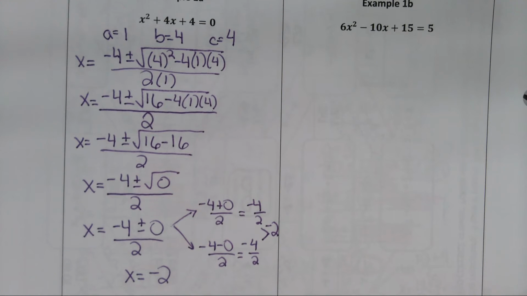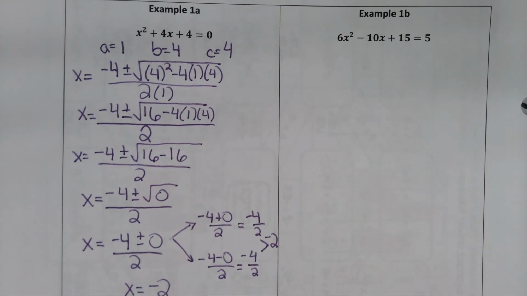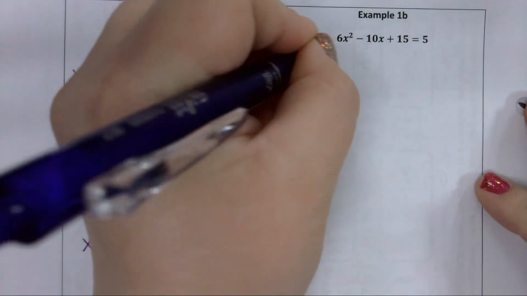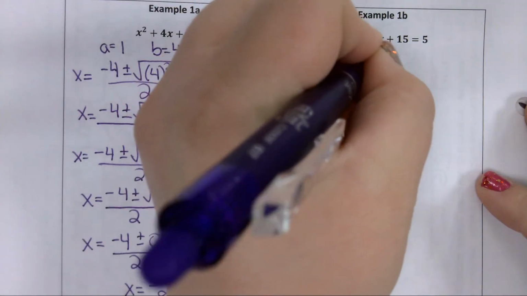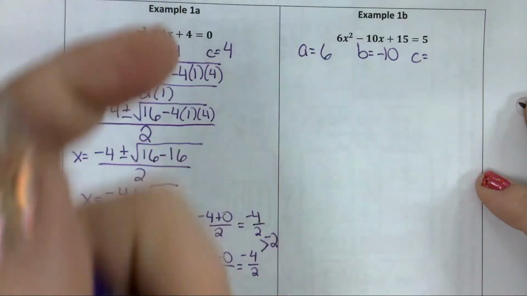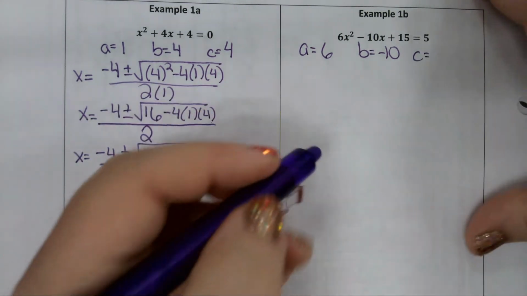Let's look at another example of a special case. So we'll list our A, B, and C. Oh, shoot. I jumped the gun. I need to subtract that 5 on both sides.